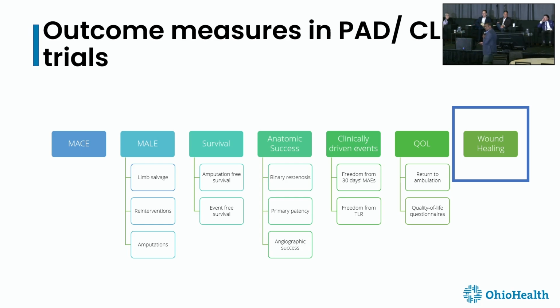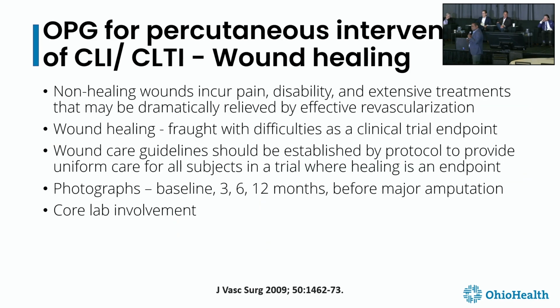Like, when can I get my wound healed and go dance at my granddaughter's wedding or whatever? So wound healing is important, and in the objective performance goals published by Conti et al., they recommended getting photographs and core lab involvement if it's in a trial setting.